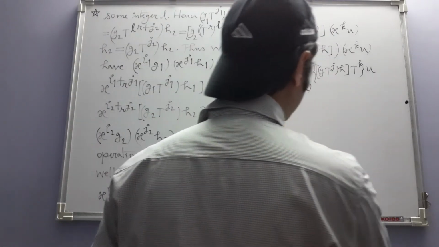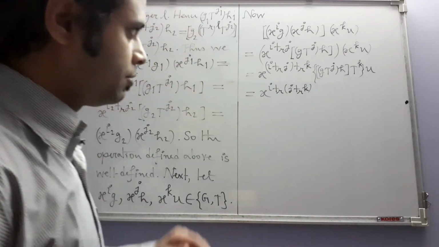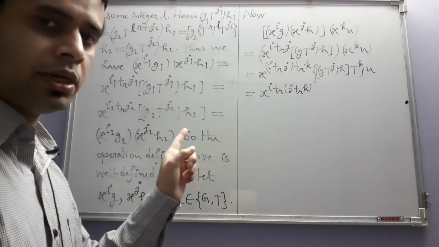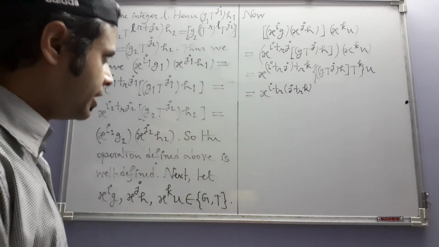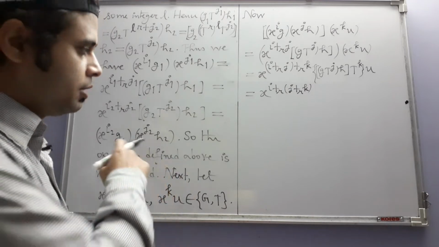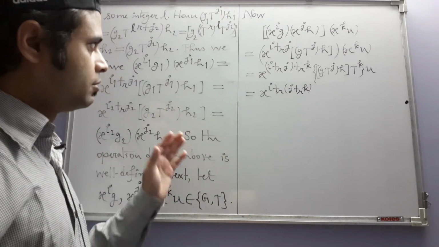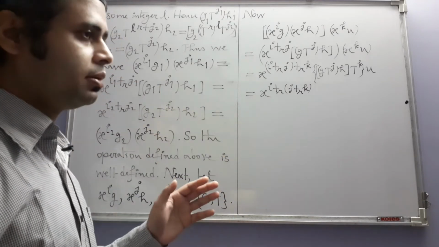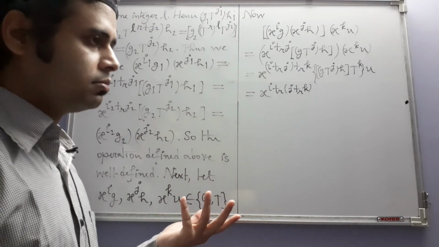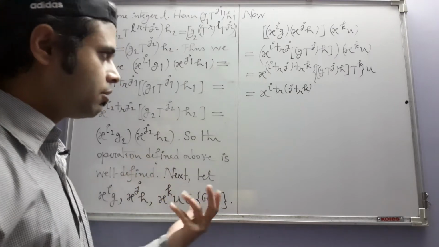Now here, okay, now let us come to one point which we mentioned in the previous video, namely, why do we need an automorphism in all these things? I mean, what is the role of the automorphism in doing all these things?